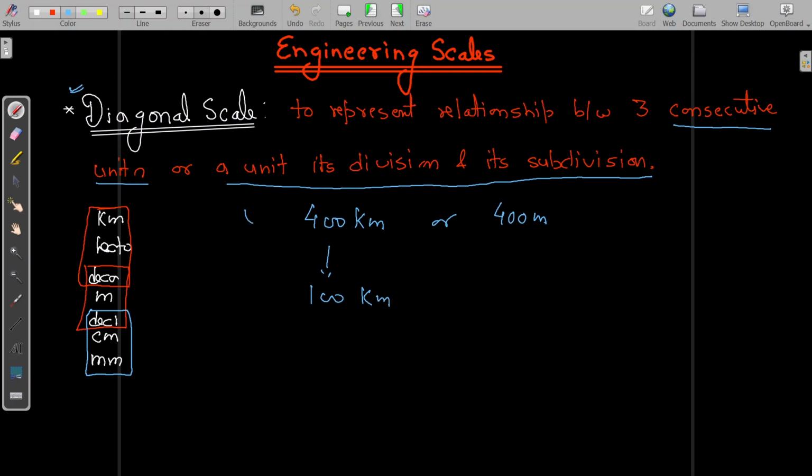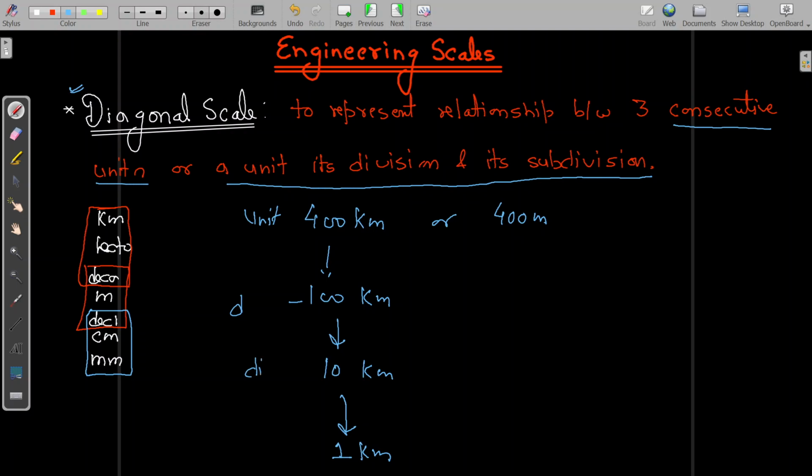So this is a unit. Then again we are dividing it into 10 parts, so each part will denote 10 kilometer, and again if we divide it into 10 parts, then each division will give 1 kilometer.